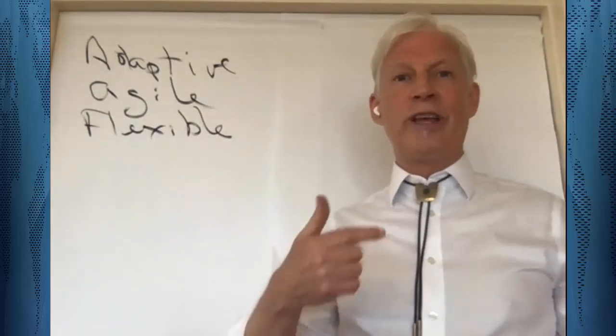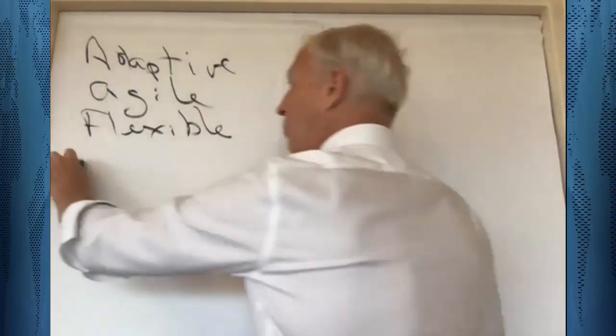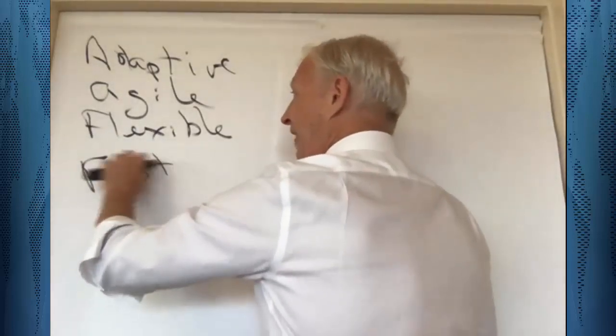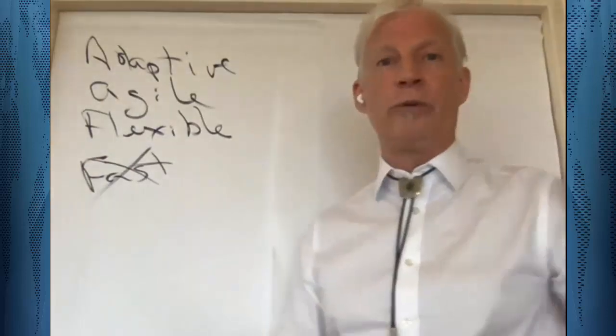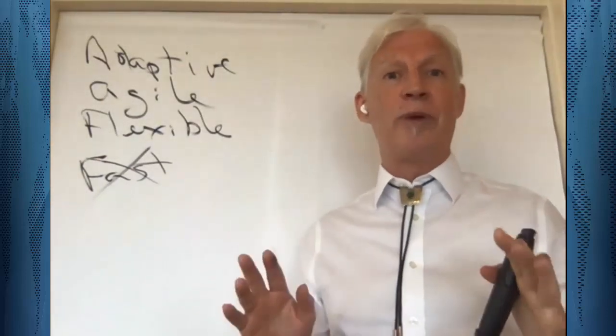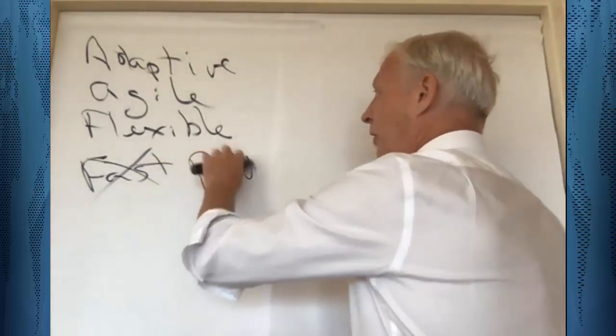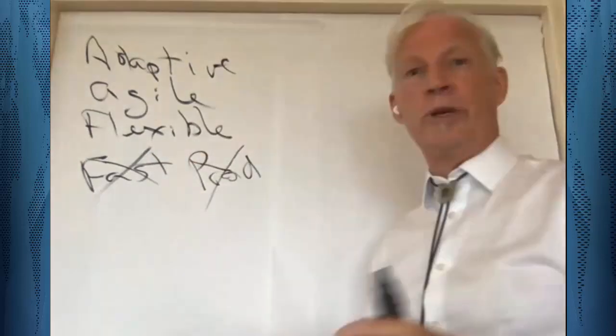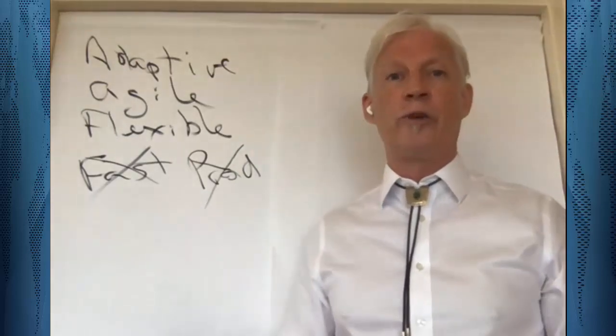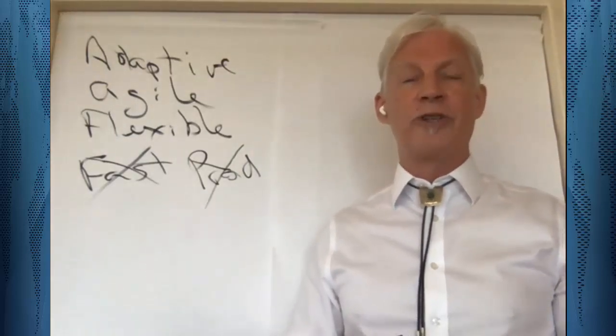And you'll notice that none of these words were synonyms of fast. The group that was voting was very clear that this was not about fast time to market. And you'll notice that none of these words are synonyms of productive, because the group was clear that this isn't about some kind of local efficiency.